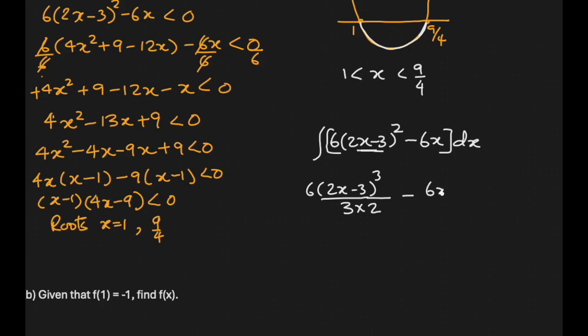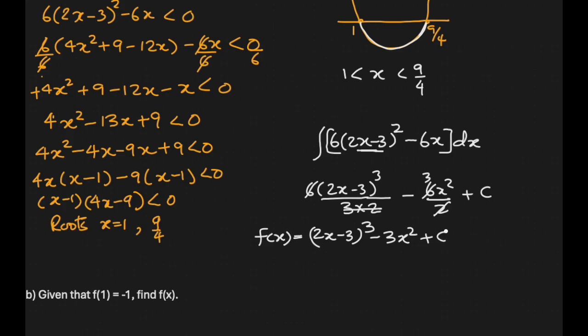Minus 6x squared over 2 and then plus c. 6 and 6 cancel, so it comes out to be (2x minus 3) cubed minus 3x squared plus c, that is f(x).